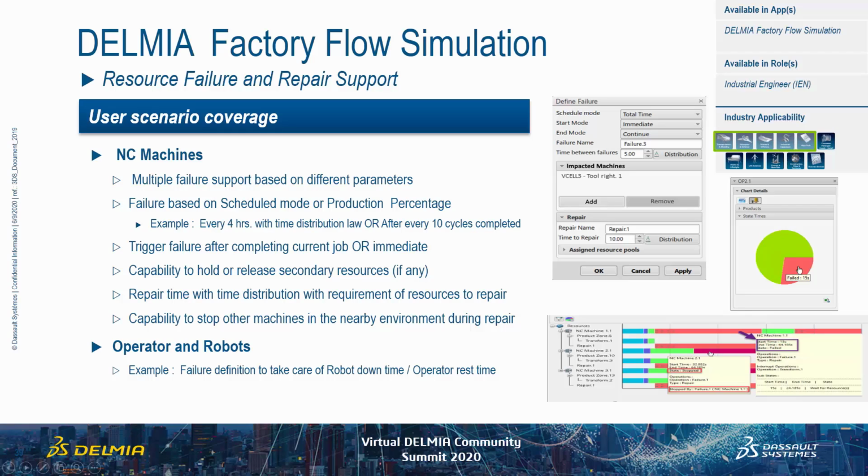You can associate schedule modes, production percentage, trigger failure after completing a job or immediately, and the capability to hold a secondary resource or surrounding nearby machines in the nearby environment, and so on. So a lot of small enhancements at the end that provide a more accurate way of defining these failure and repair events.